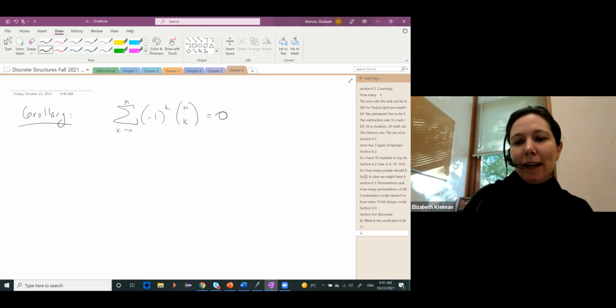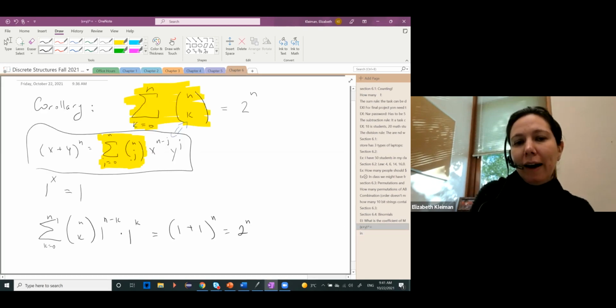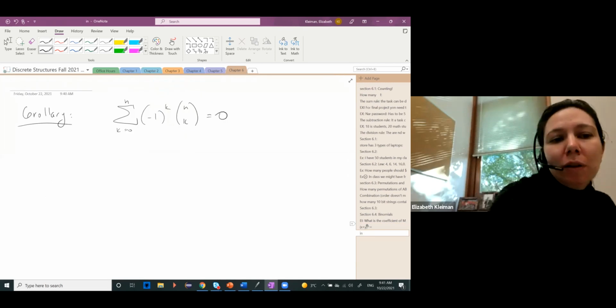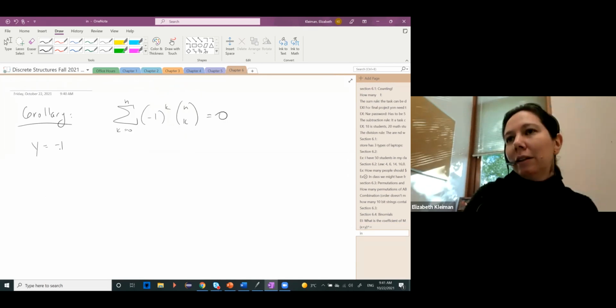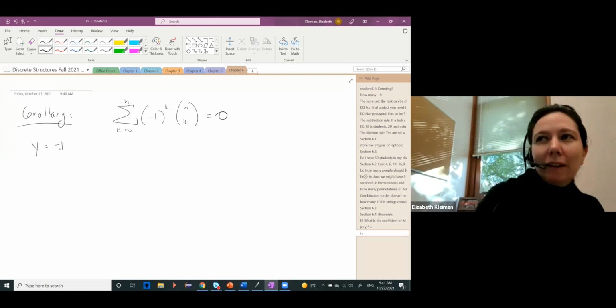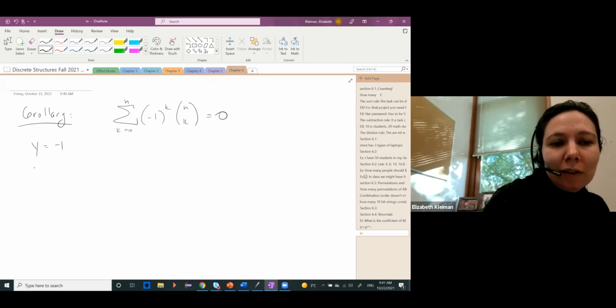So in this case, if you look at my binomial over here, I have y to the power k, correct? I know that my y is equal to -1, right? What is going to be my x? X is going to be 1 again, correct?